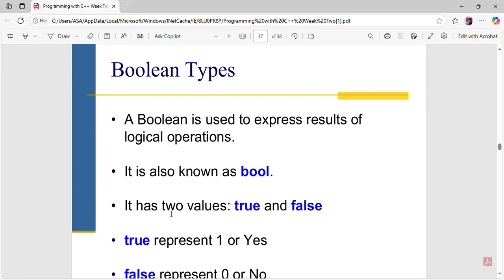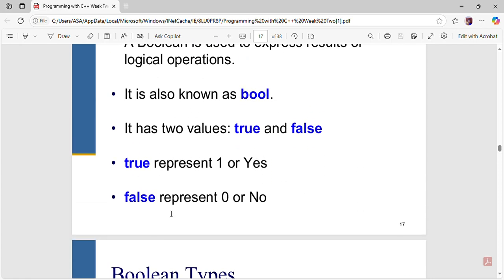So let's also look at some Boolean types, where a Boolean is used to express results of logical operations. It is also known as bool. It has two values, true or false. It is not just English, being true or false.